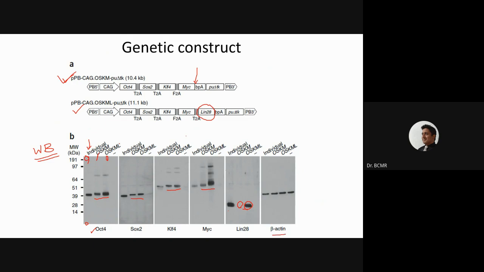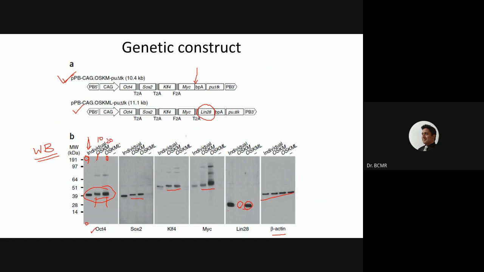Beta-actin is kind of a control to show that the amount of protein added is almost equal in all the samples, right? What would you do? We would add an equal amount of protein in all the cases. Say, for example, you see a little less in one case and a little more in this case. What if I have added, say, 10 nanograms of protein here and 20 nanograms of protein here?